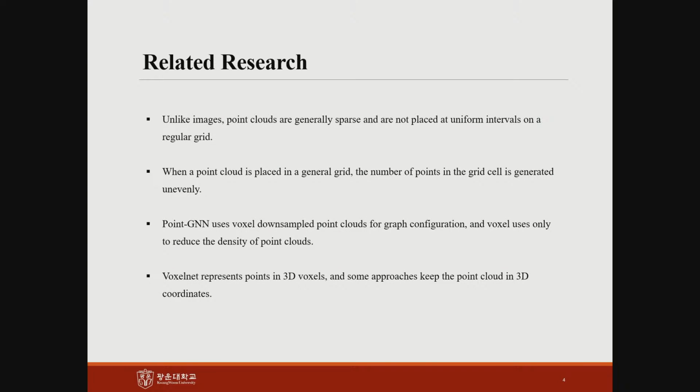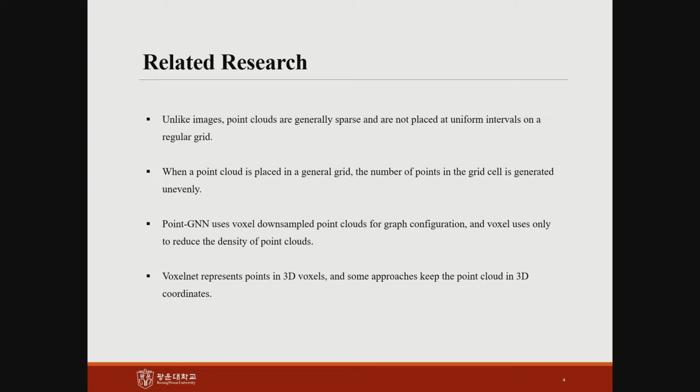Unlike images, point clouds are generally sparse and are not placed at uniform intervals on a regular grid. When a point cloud is placed in a general grid, the number of points in the grid cell is generated unevenly.